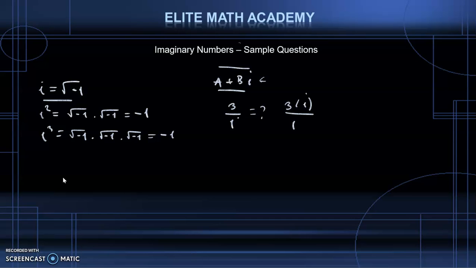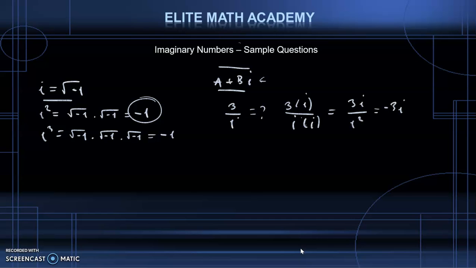Once we multiply i with the numerator and the denominator, this fraction becomes 3i over i squared. And from here, we know that i squared is -1. So the answer becomes -3i.